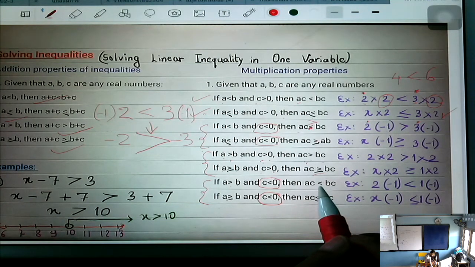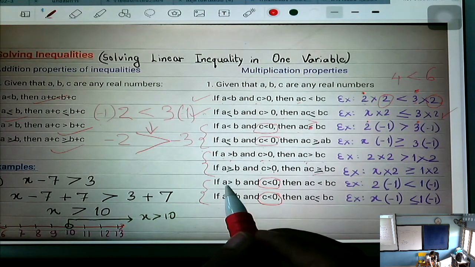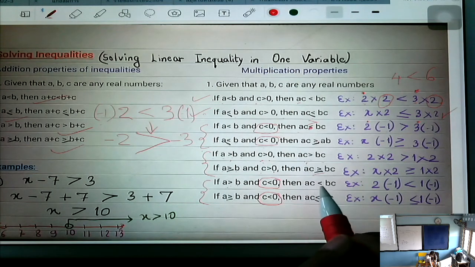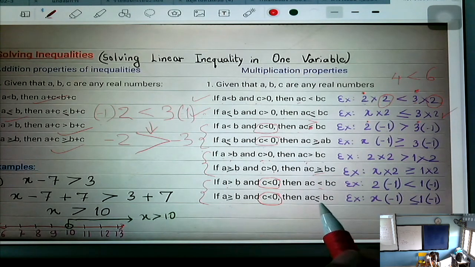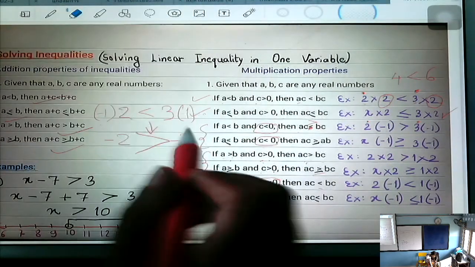Did you see the sign change? Yes? First there is more than, now there is less than. Similarly here, first you have more than or equal to, and after multiplying with negative numbers, you have less than or equal to.